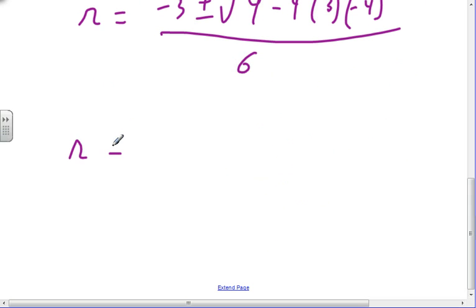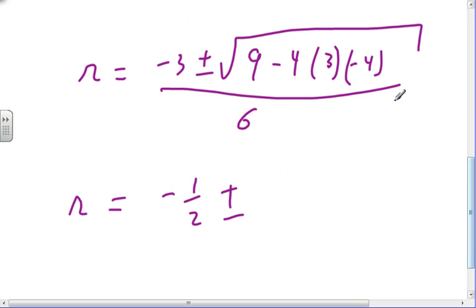So r is going to be minus 1/2 plus or minus the square root of 57 over 6. I got 16 times 3, is that 48? 48 plus 9, 57. Yep. So anyway, that's the value of r.